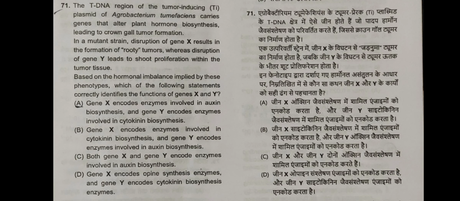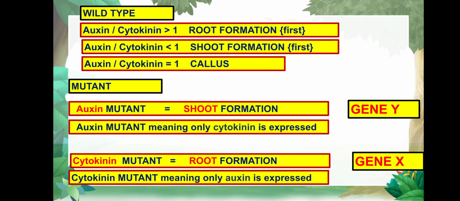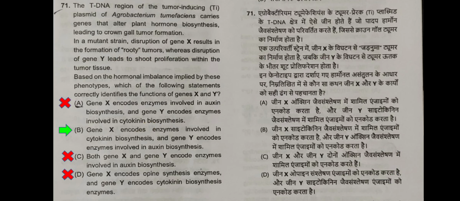And gene X encoding opine synthesis is out of the relevant point. So you must remember this; this is fact based on the theory, and this is the chart in relation to the question. Based upon this, option B is correct.